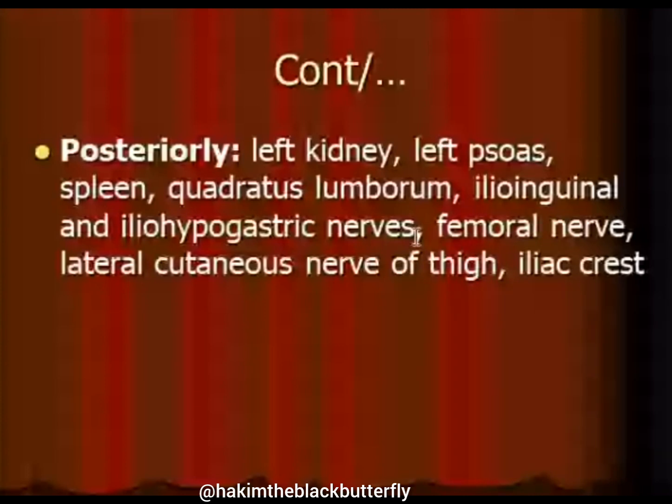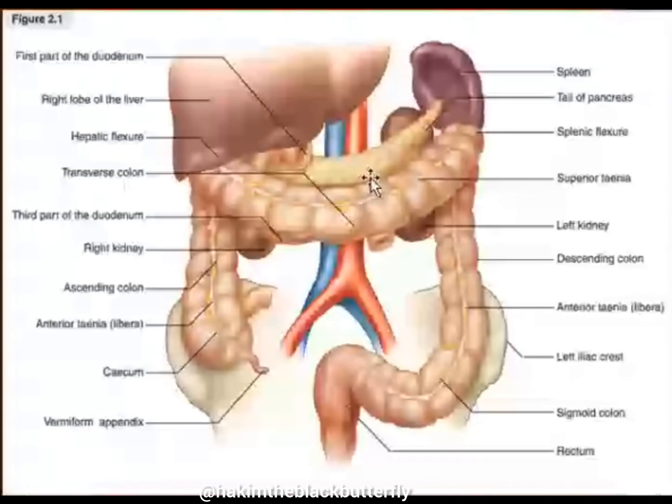These are the structures posterior to the descending colon, more than those posterior to the ascending colon. It is also located in the left lumbar region. So the iliac bone is posterior to it. The left kidney, you can see, is posterior to it, along with other structures, the muscles and the nerves.